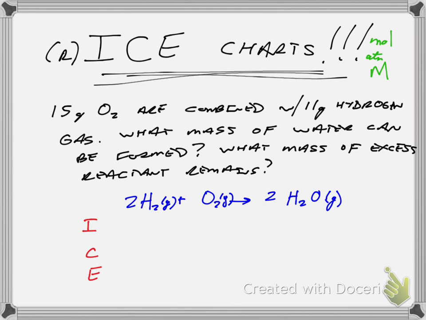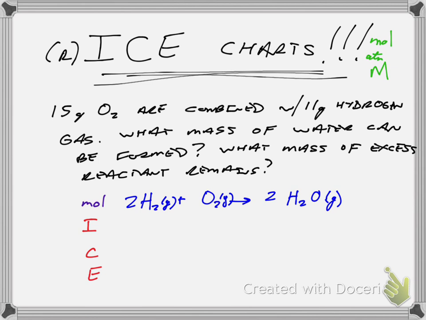And so what I always encourage students to do is in the top left-hand corner of my ice chart, I'm going to write the unit that I'm using to remind myself, because you're going to find that when we get into buffered systems, you're going to have multiple ice charts, and some of them will be in moles and some of them will be in molar. And so it's helpful to be clear what you're doing. And if you write it there, you don't have to keep writing it everywhere else in the chart. So I've got a mole ice chart that I'm going to make.